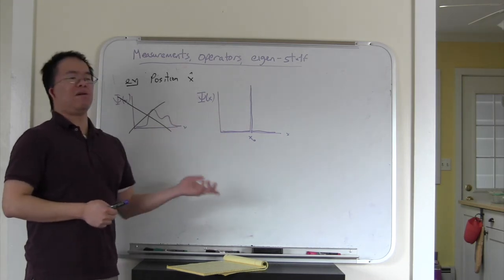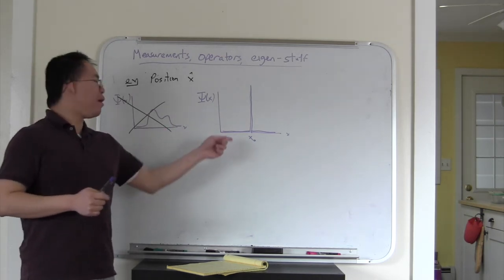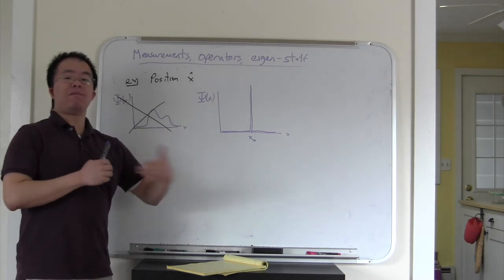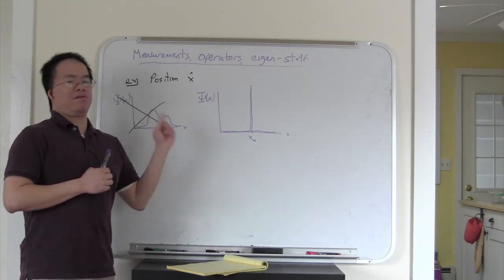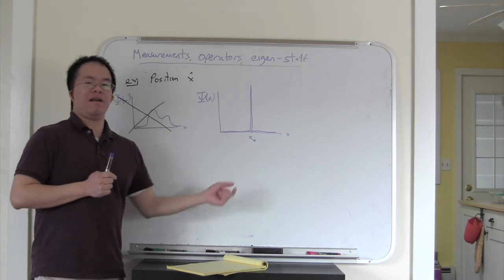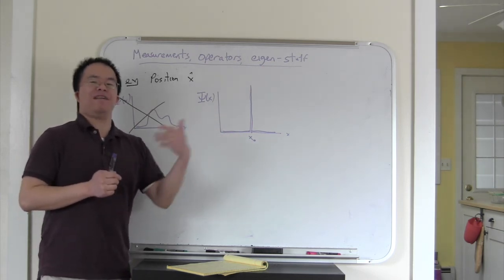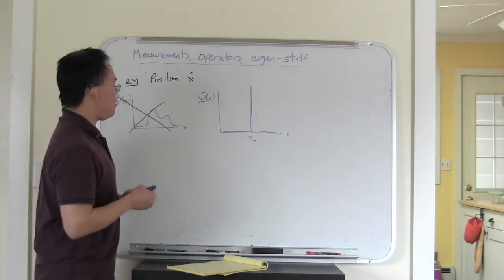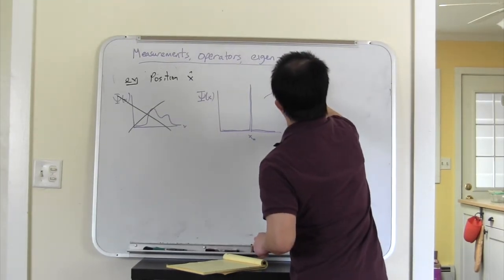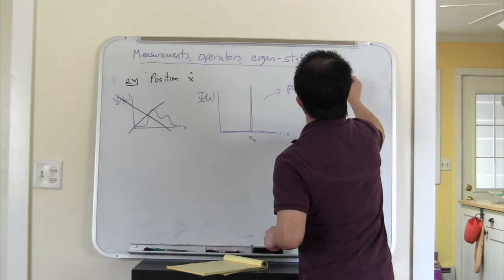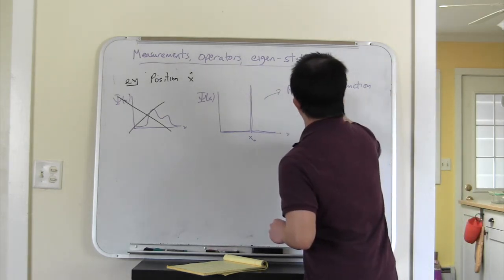If it's zero everywhere and I multiply this function by x, over most of the function's domain I'm multiplying x by 0. There's only one place I'm not, and that's x naught. But if I'm multiplying the spike at x naught by x, I'm just going to get x naught times my spike back. And so this turns out to be a position eigenfunction with eigenvalue x naught.